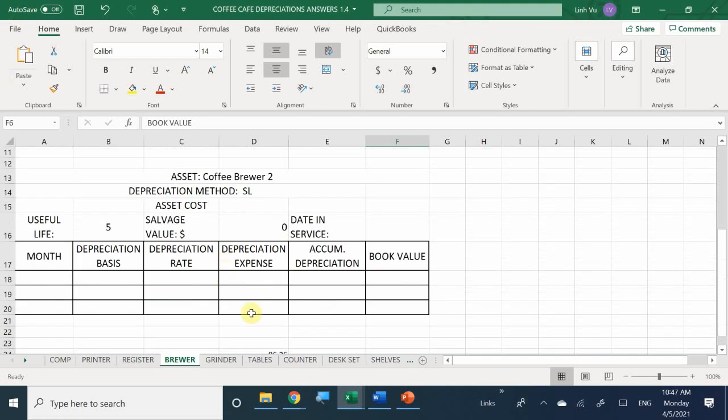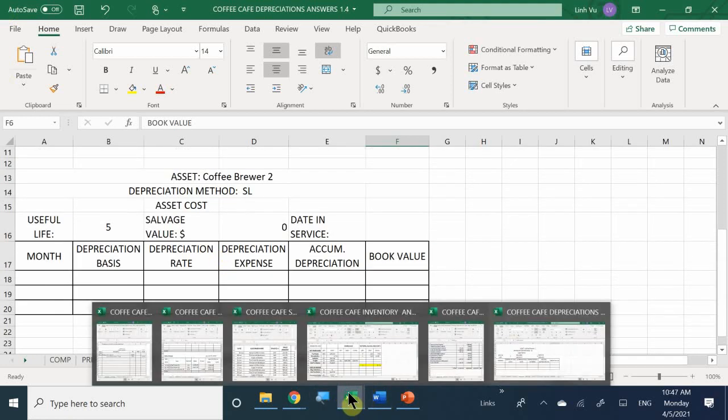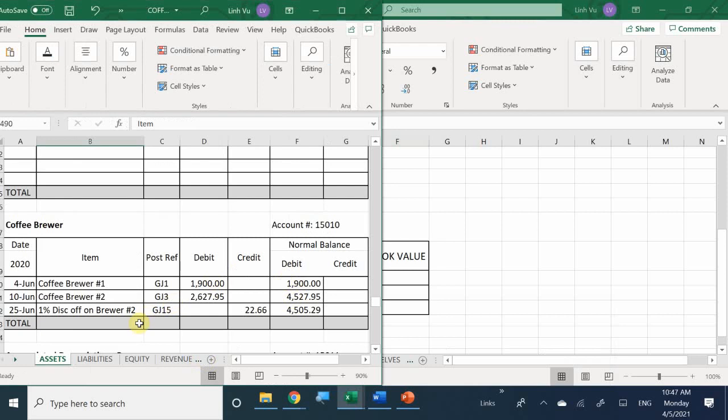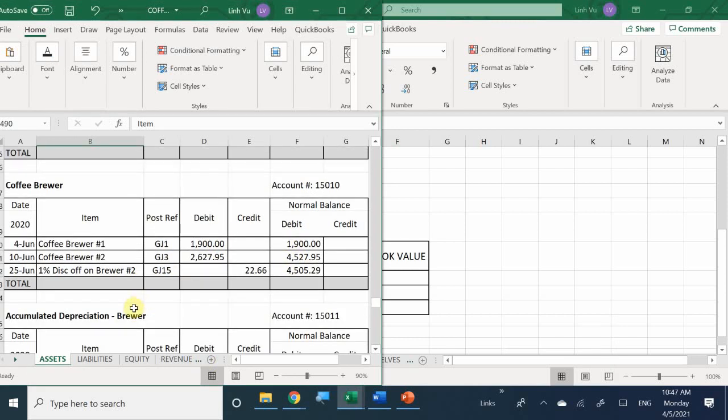Okay. What about my second coffee brewer? When did I purchase that, and how much did I purchase it for? June 10th. You purchased it on June 10th. All right. How much is it? $27.95.